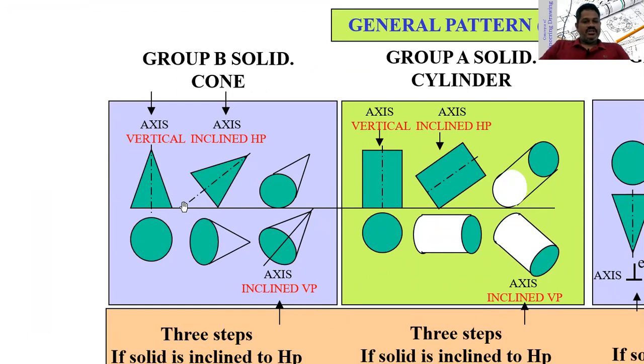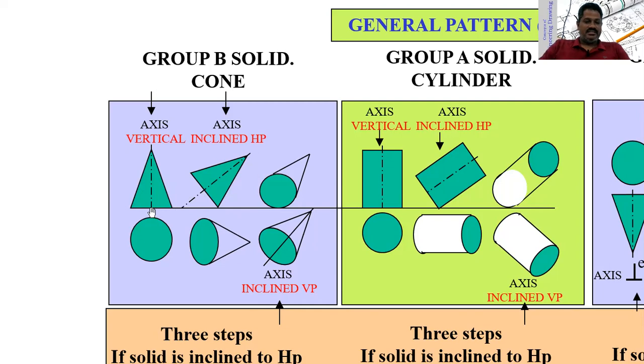Then when the axis of the cone is making some angle with HP, I draw a line which is making some angle with HP, and construct the same shape, whatever we have in the front view, on the inclined line itself. We have this length, so take a compass and get the length.